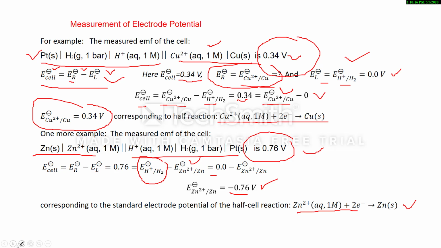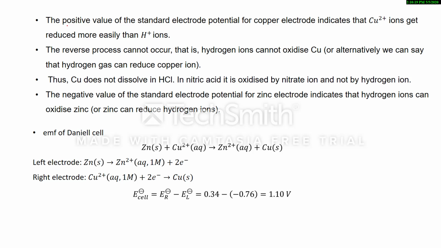Now, the positive value of the standard electrode potential for the copper electrode indicates that Cu2+ ions get reduced more easily than H+ ions. As we already discussed, in terms of electron transfer, addition of electrons is reduction. So Cu2+ can easily be reduced to Cu compared to the H+ ion, and the reverse process cannot occur. It means hydrogen ions cannot oxidize copper.